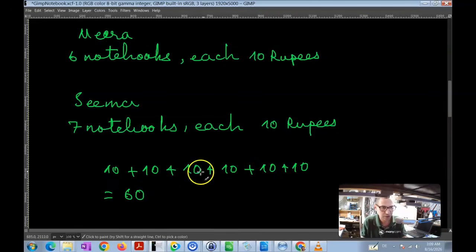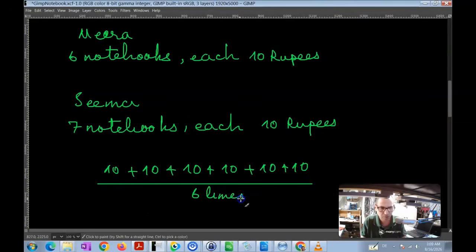Instead of writing 10 plus 10 plus 10 6 times, of course you can use multiplication. So you could say 6 times 10 rupees, that would be 60 rupees, right? That's the same thing.